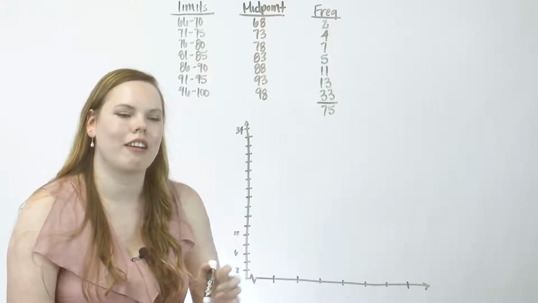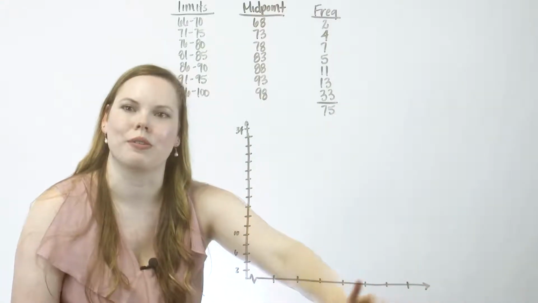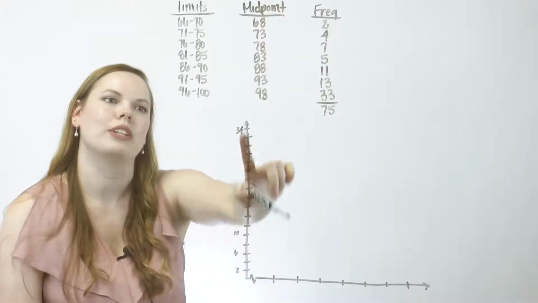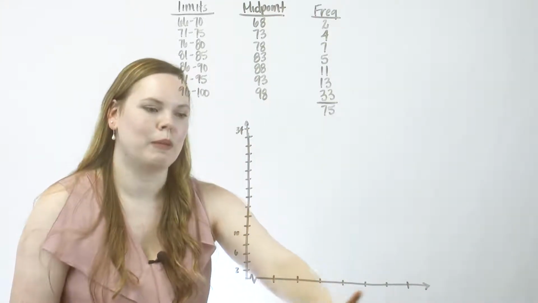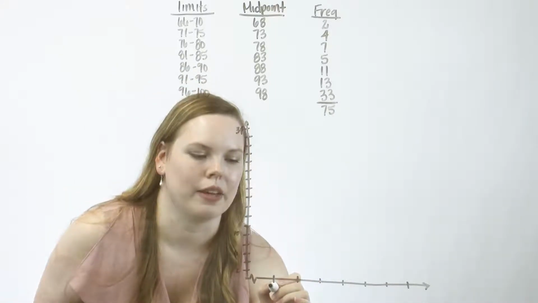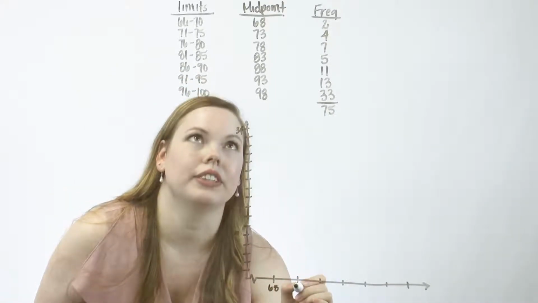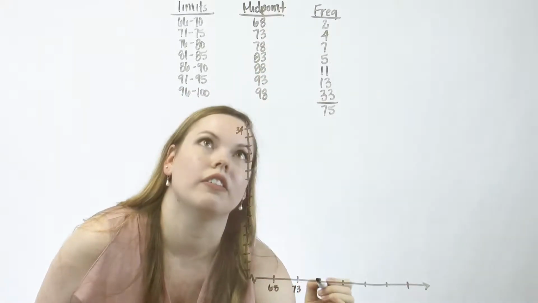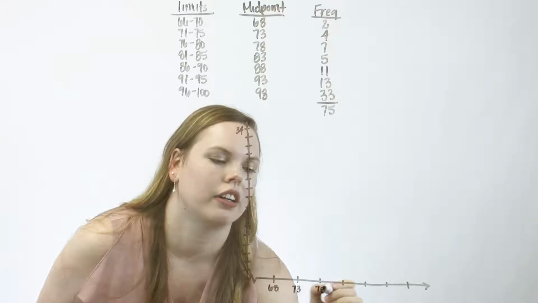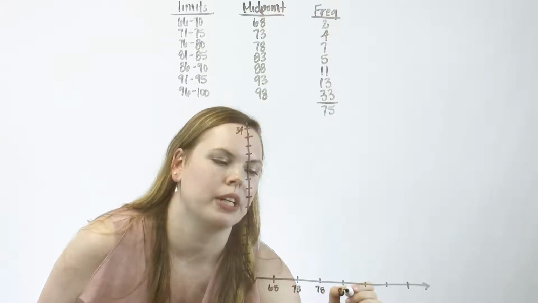A frequency polygon uses the midpoints on the horizontal axis and the frequency on the vertical axis. So I'm going to go ahead and put the midpoints in here and label them. So we found those in the frequency distribution video, the midpoints of the class.